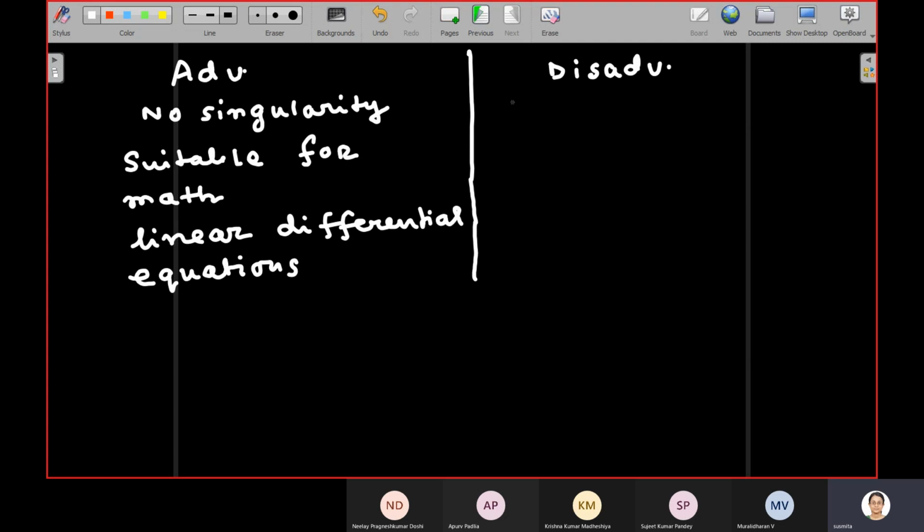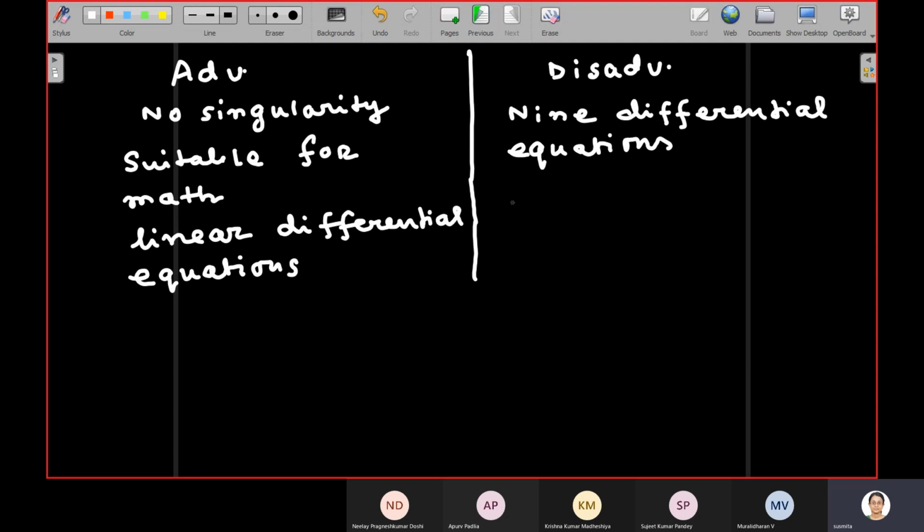Disadvantages are that we need to deal with 9 differential equations. And this is not intuitive. So to visualize rotations, we need to calculate Euler angles, and only then can we have some insight into how the transformation is happening.